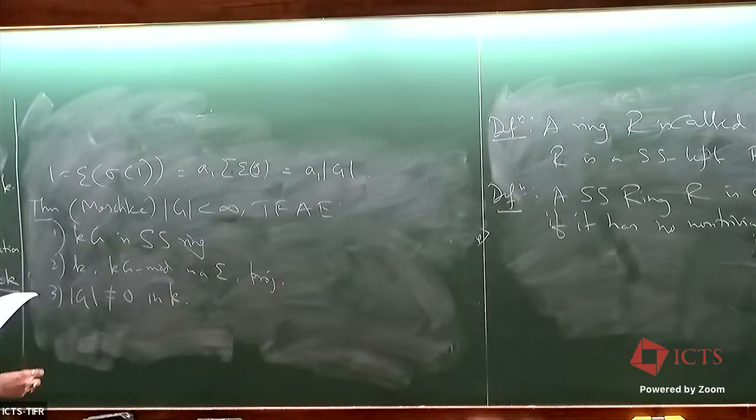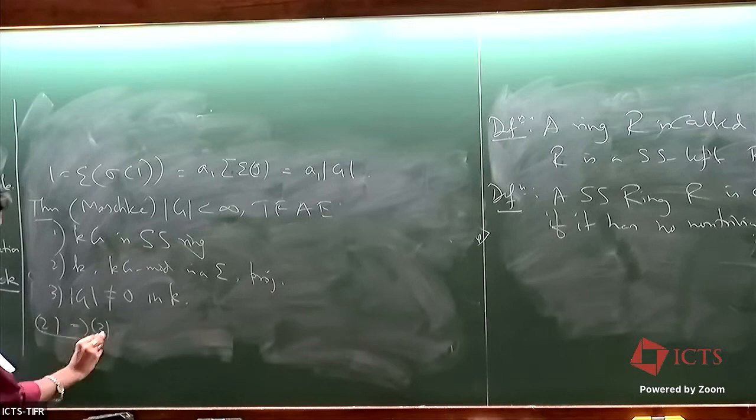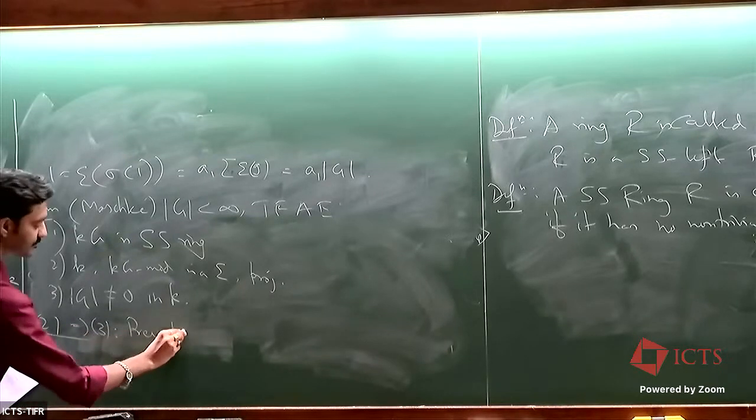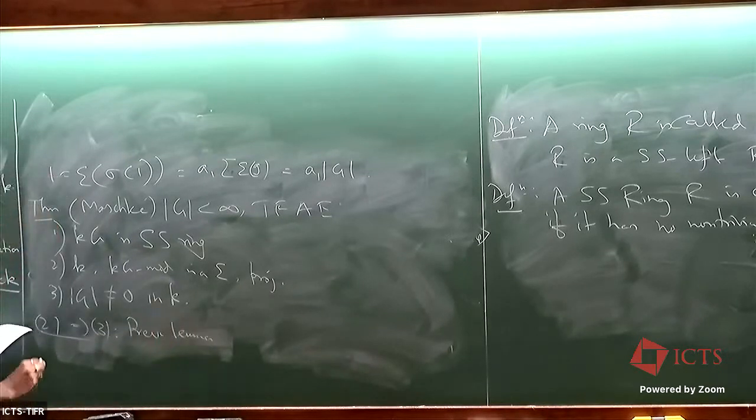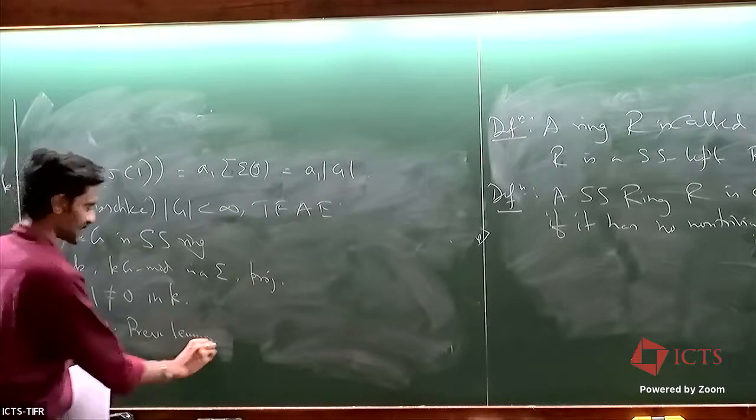And 2 to 3, previous lemma. And 3 to 1, again previous lemma, because if everything splits, that means every submodule becomes a direct summand. And therefore, this proof is done.